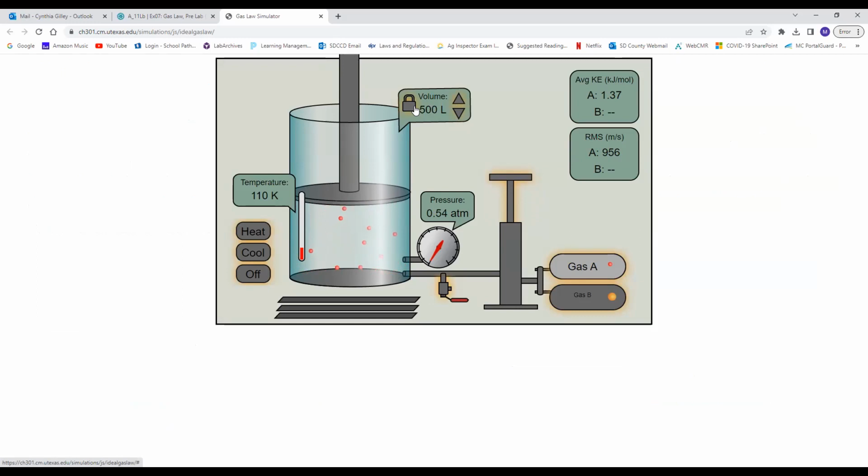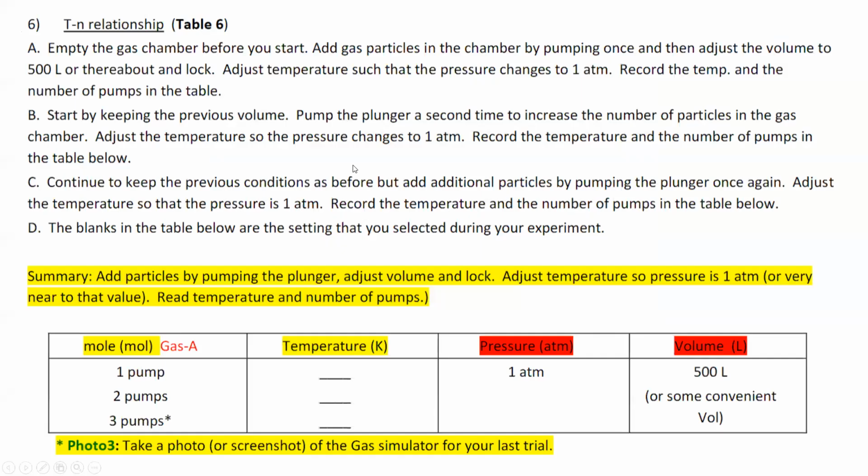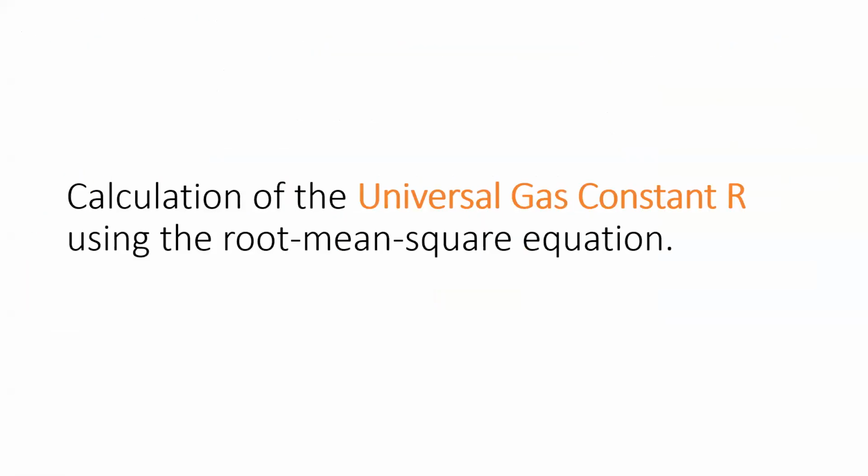Perfect. We locked it, adjust the temperature such that the pressure changes. Oh, I think I was doing that one before, this table. Anyway, okay, we're gonna move on. Somehow I might not have come back here and looked at this, but we were doing that one before.